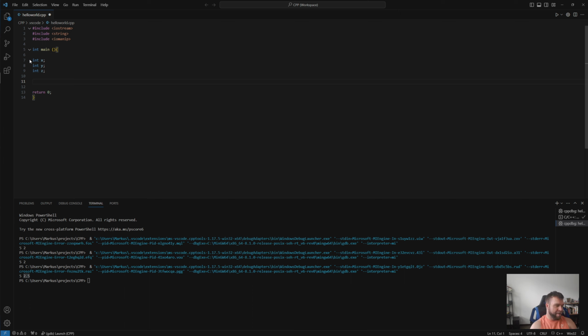Let's say that x equals 10, that y equals x minus 2, and that z equals x divided by y. Good programming, we should always make sure that everything is working, so we should only write a few lines of code at a time.